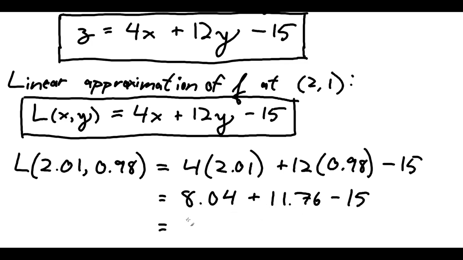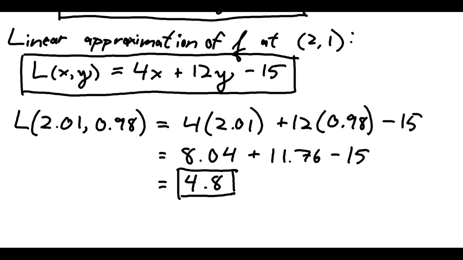Minus 15 gives us 4 point, and 0.04 and 0.76 is 0.8. Let me check my notes, and yes, 4.8 is indeed what we get there. So apparently my mental arithmetic has worked. And we find that the linear approximation to our function at this value right here is 4.8.